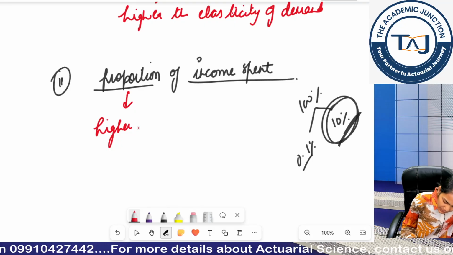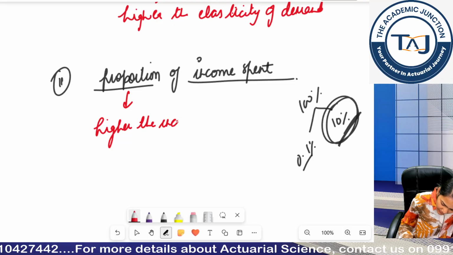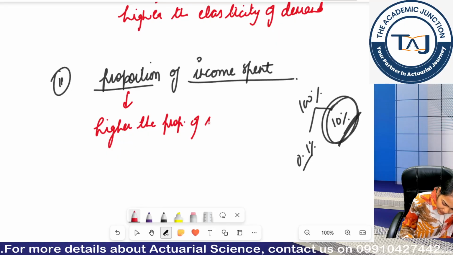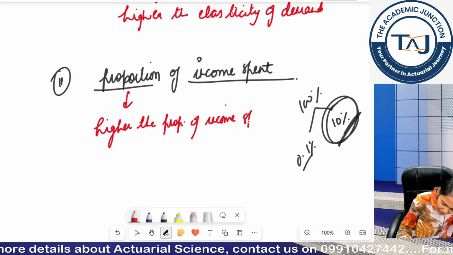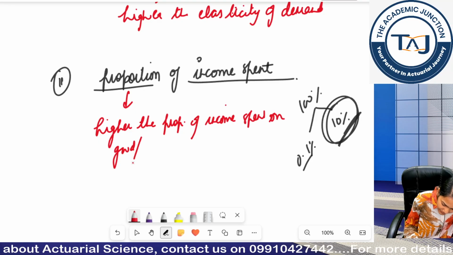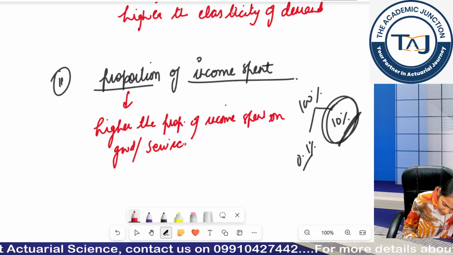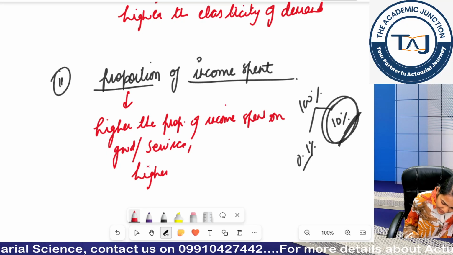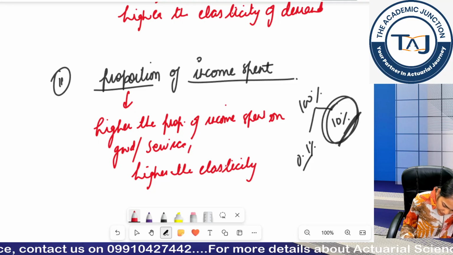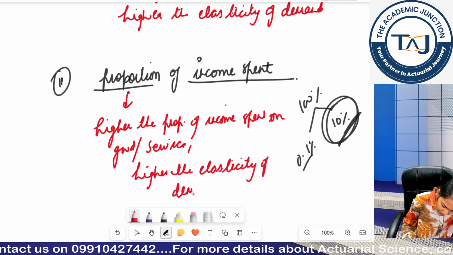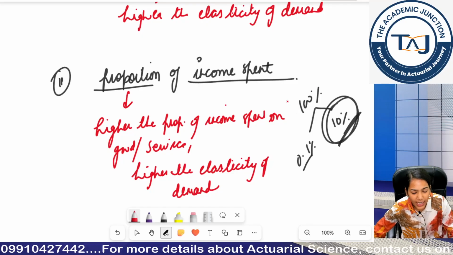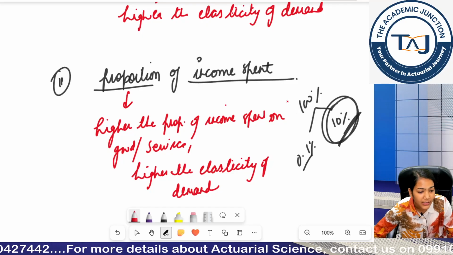So the higher the proportion of income spent on goods or service, the higher the elasticity of demand. So I can say buying a car is more elastic than buying bread.